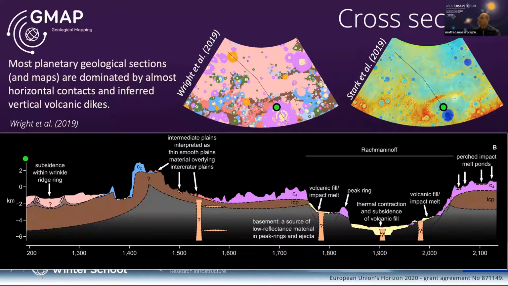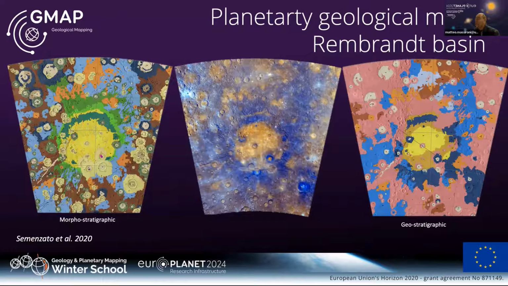But actually, we know that there are not only morphostratigraphic maps; there are also maps that attempt to consider the different colors. That means possibly a different composition of the units. It could be by weathering, but some of these compositions could even be the reflection of a different kind of subsurface stratification.